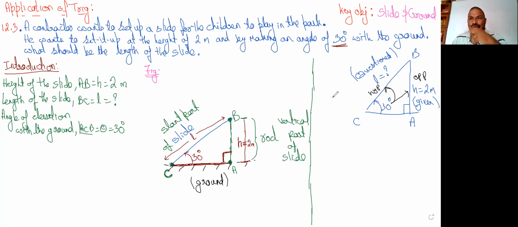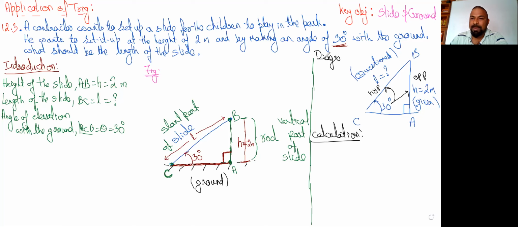What is the trig ratio which is connecting opposite side and hypotenuse? Yep. Everyone, what you are saying is correct. It's nothing but the sine. Okay, now we are dealing with the calculation part. The diagram we have completed.